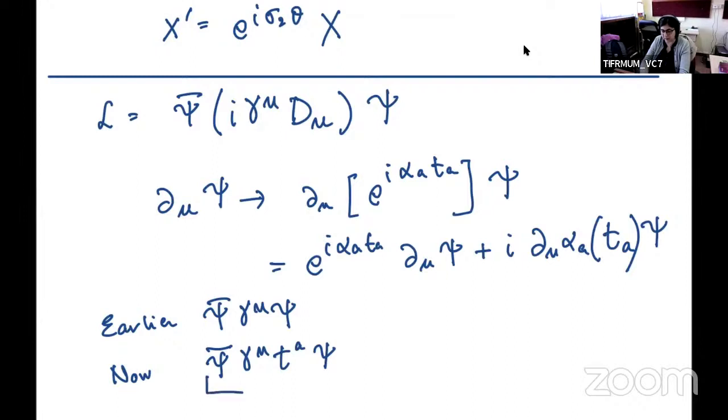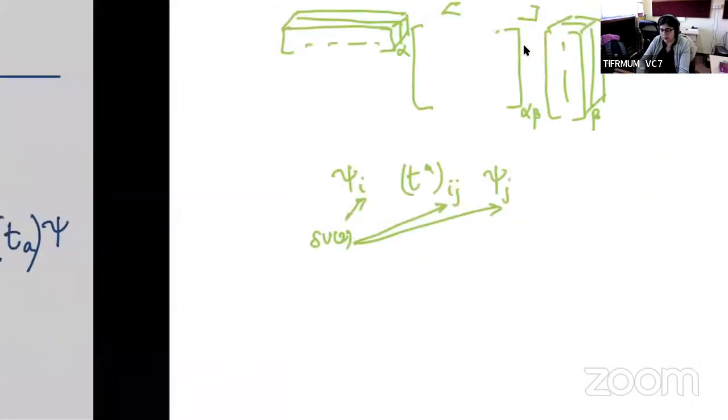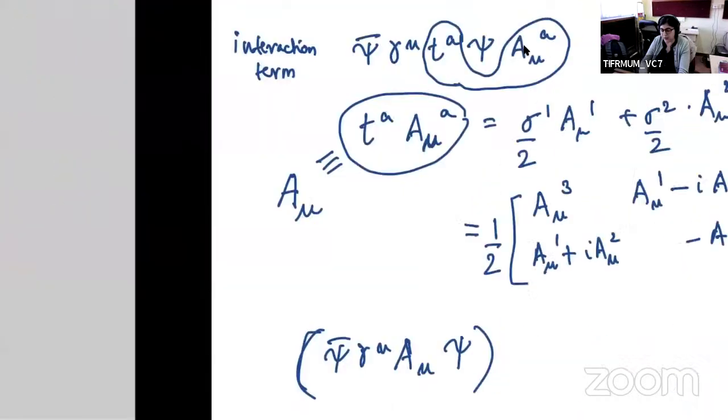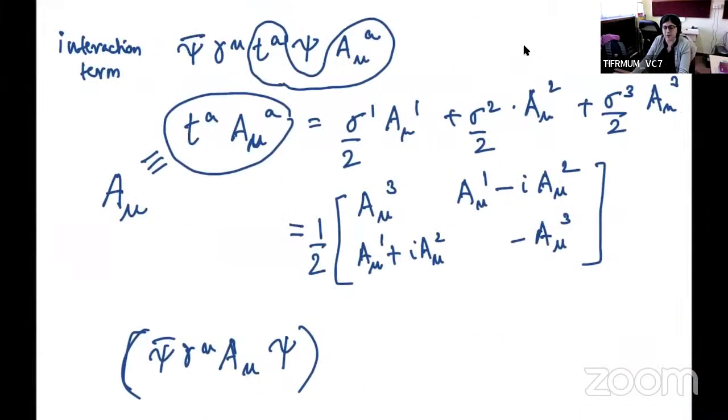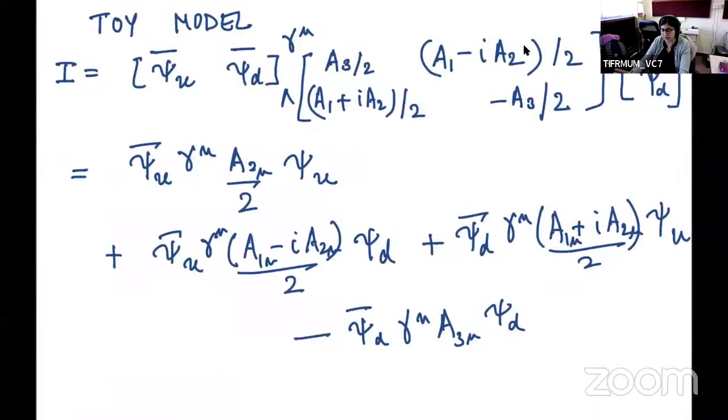Okay, so that looks like this. It's the conserved current. And we asked what our interaction term now looks like. So the interaction term is of this form, and you can sort of condense the generators and the gauge bosons that you have into this matrix valued form, which makes it easier to understand.